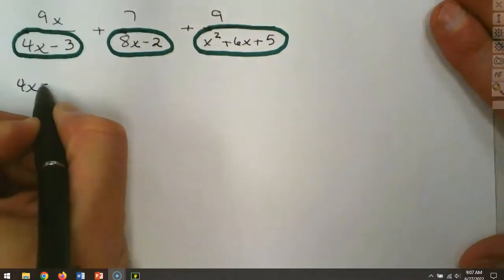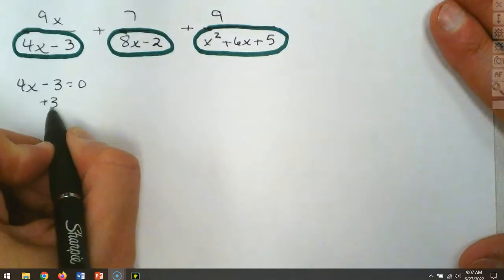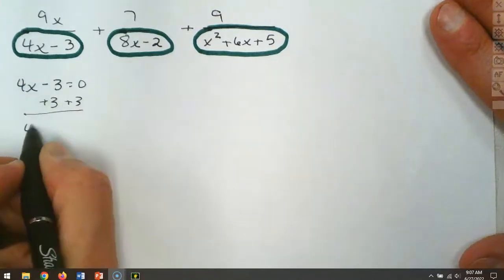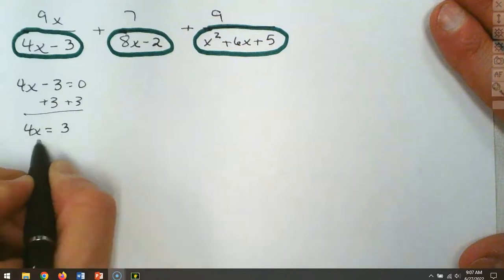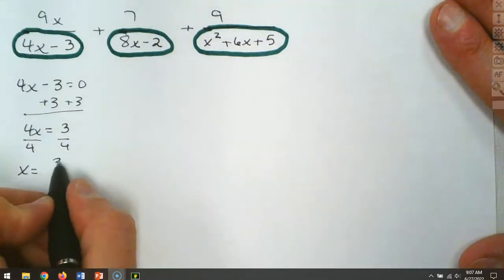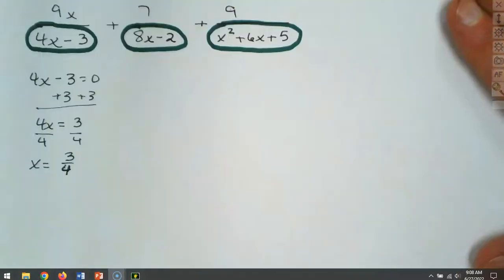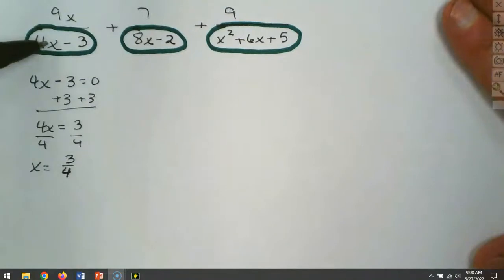So we've got 4x minus 3 equals 0. That's our first one. We're going to add that 3. So 4x equals 3. Divide by our 4. And one number that is not in the domain is 3/4. Okay? Because 3/4 would give you division by 0 here. We don't want that.